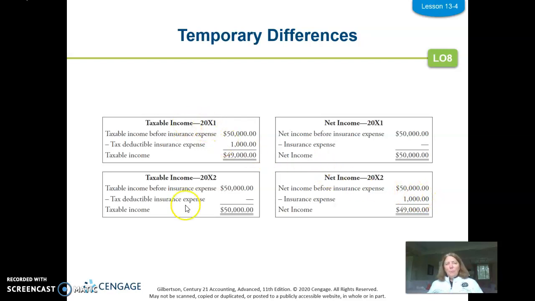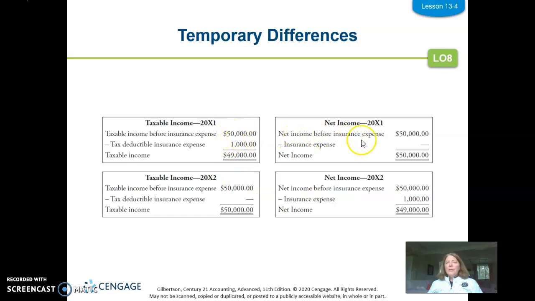For taxable purposes then, what would happen is that since it's when paid for tax purposes, and we paid it at the end of this first year, all of that would be an expense for that year. And next year in X2, we wouldn't have any expense at all because we didn't pay anything further.